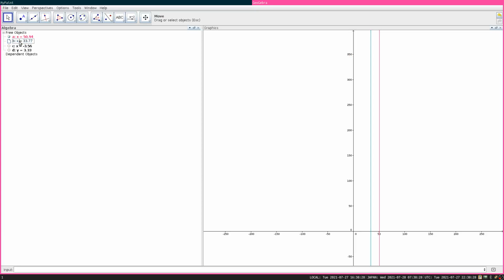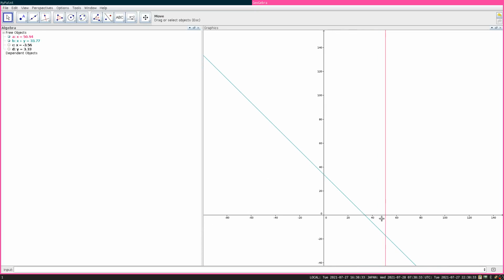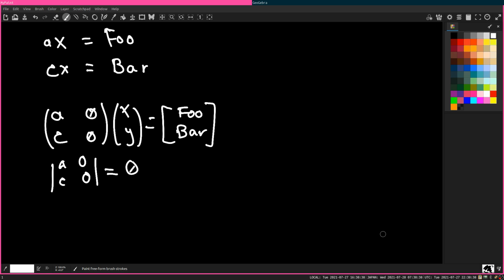Now if one of the lines is vertical and the other one isn't, so I'm just going to make this x plus y is equal to 33, then we have a unique solution because the lines clearly aren't parallel, since one's vertical and one isn't. So I'm just going to pretend that it's this second equation, edit it in place, and call this d. Well, in this case the determinant is equal to a times d, and if a and d are not equal to 0, this is not equal to 0.